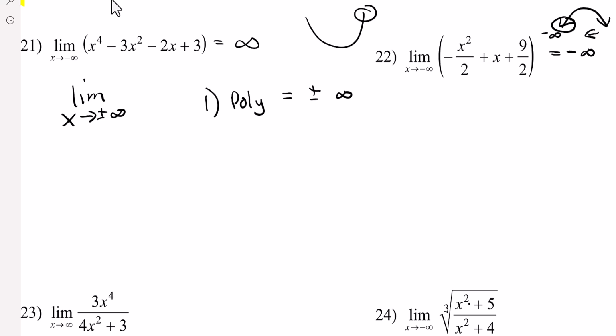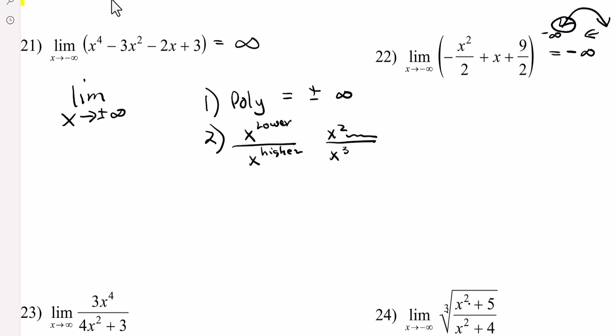You're either headed upward or downward infinitely. The next situation is when you've got a lower exponent in the numerator than in the denominator. So maybe you would have an x squared, blah, blah, blah, over x cubed, blah, blah, blah. The height of that limit will be 0.